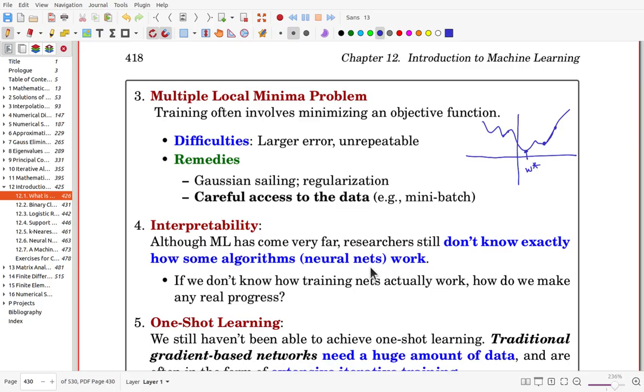So in some cases, accuracy is the crucial issue. Because of that, we want to understand the machine learning algorithm. So interpretability is related to accuracy. If you can make a really good, accurate algorithm, then interpretability is not a problem.